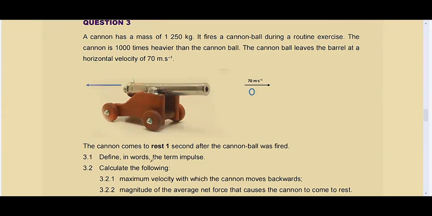Then 3.1 says define in words the term impulse. We know how to define impulse according to its formula that goes F net multiplied by delta t.